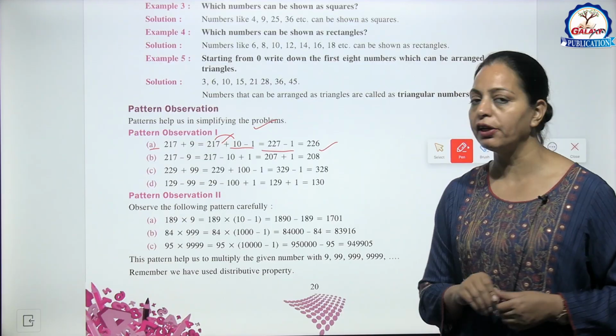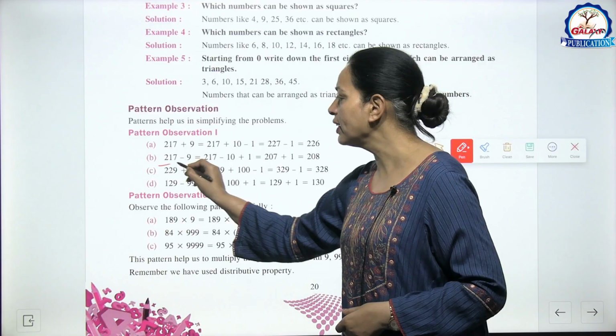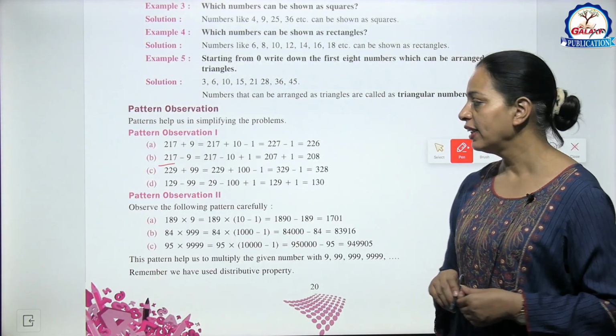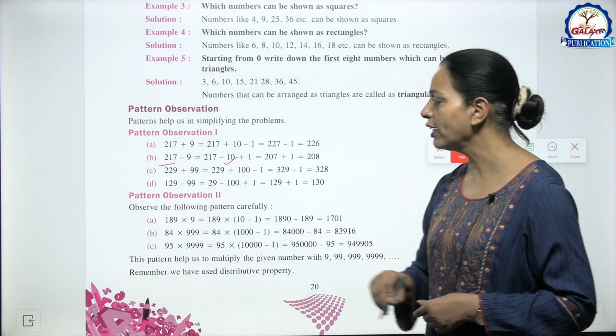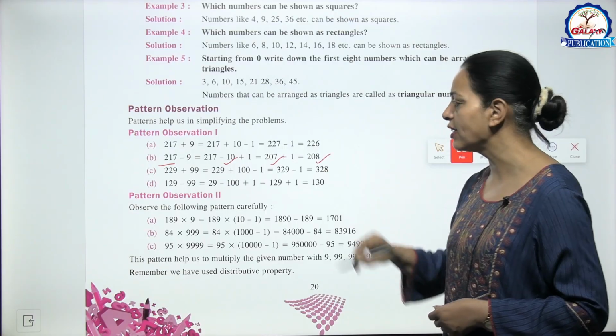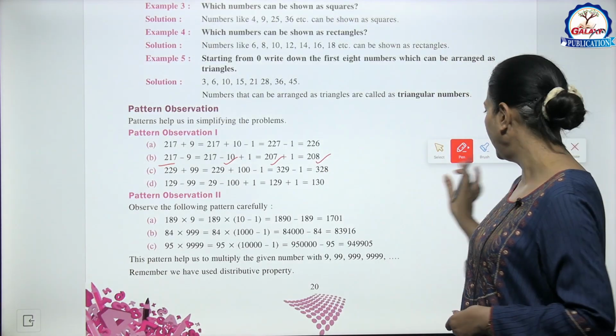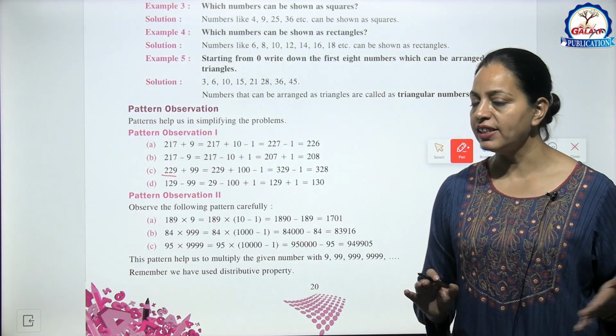This is 226. Okay. Now B part, 217 minus 9. 9 को हम चेंज कर देंगे 10 minus 1. It becomes 217 minus 10 plus 1. Now we can solve it. Answer is 208.